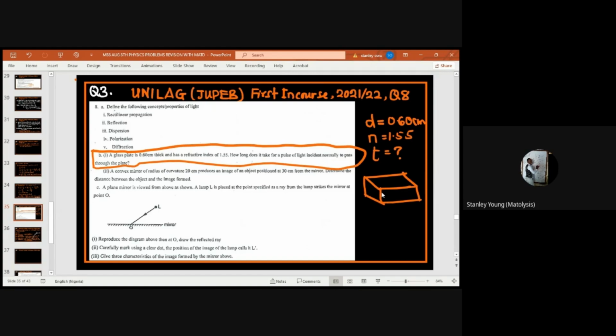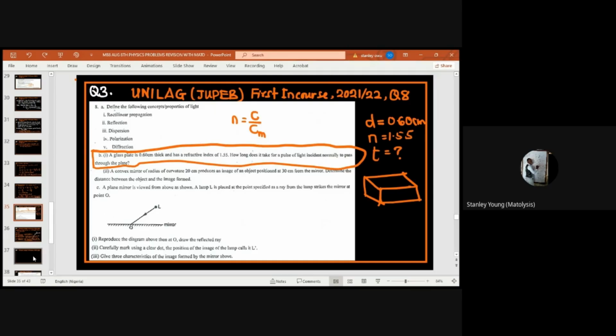We need the time it's going to take for it to pass through. So we know that n equals c over cm, where c itself means speed of light in vacuum. So we can get the speed of light in the medium. Knowing the speed, we can then get the time.